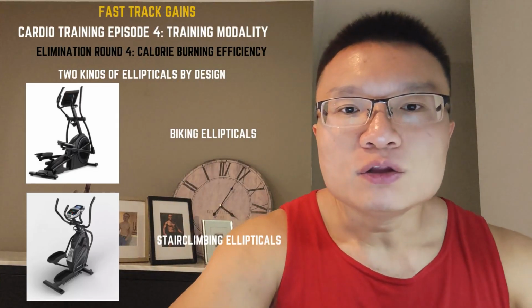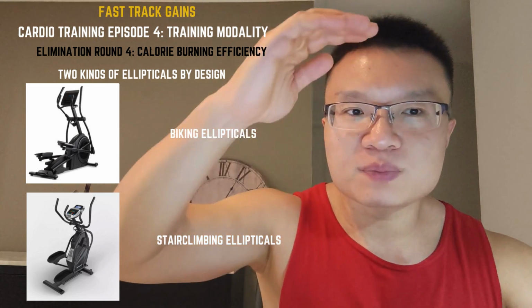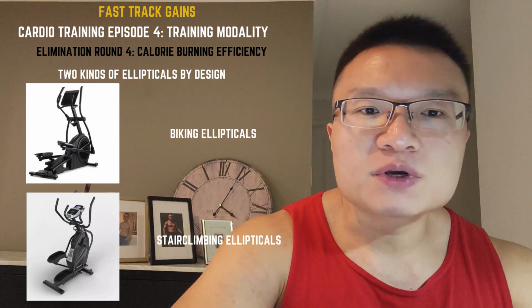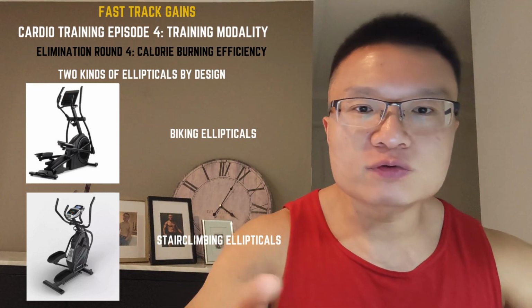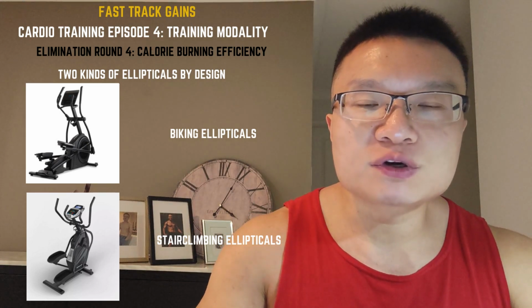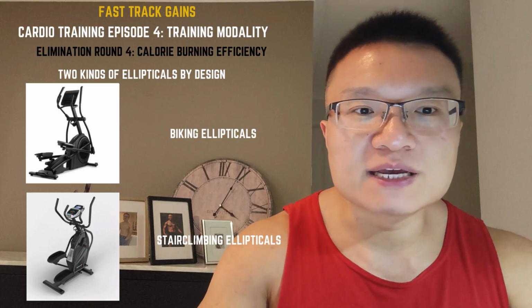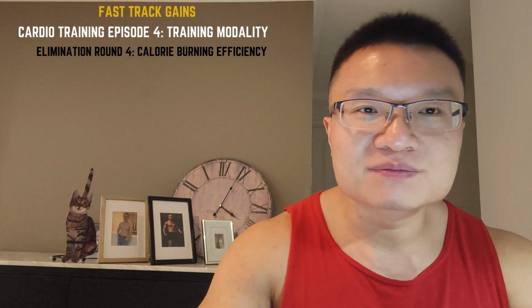As you can see, the footpads of stair climbing ellipticals travel in a more up and down path, very close to a stair climber. Because the traveling path is quite shorter than the biking ellipticals, the frequency of your exertion is higher. Your legs don't have to wait so long before the previous cycle is finished, and consequently, you can burn more calories within the same period of time.